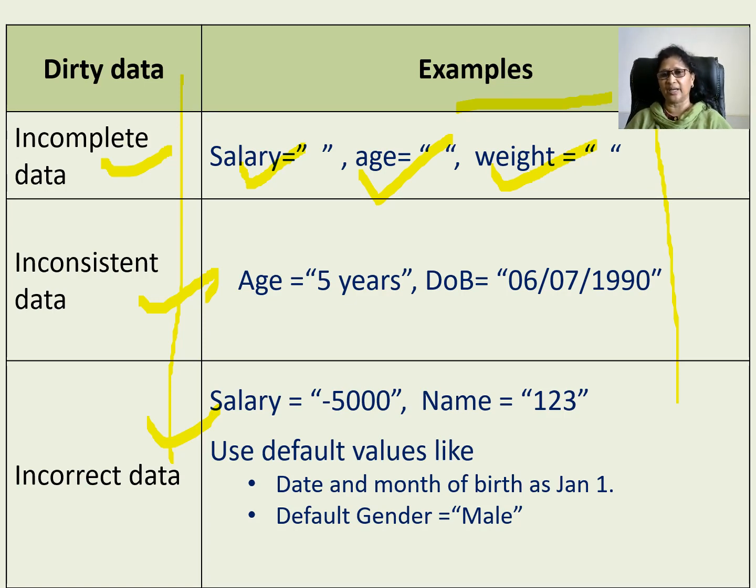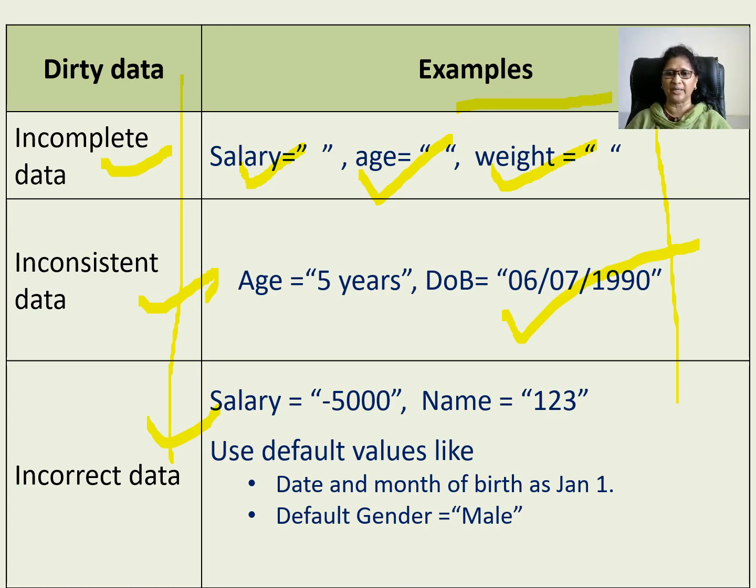Similarly, inconsistent data. In inconsistent data, there is a discrepancy or variation between the expected data and the data which is filled in. One example here is age. If someone mentions the age as 5 years, whereas the person's date of birth is in 1990, this is said to be inconsistent data. This data is inconsistent with respect to another attribute.